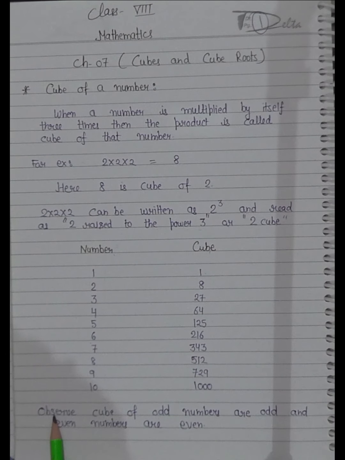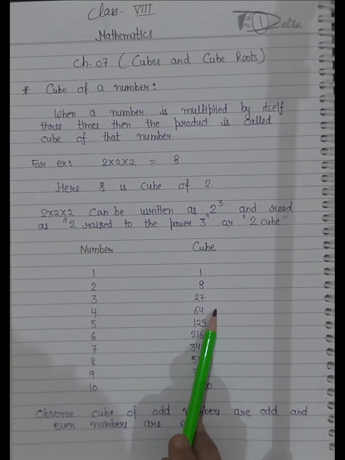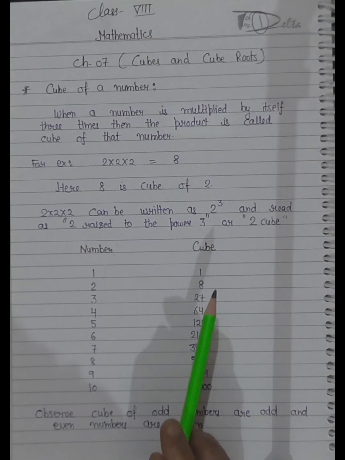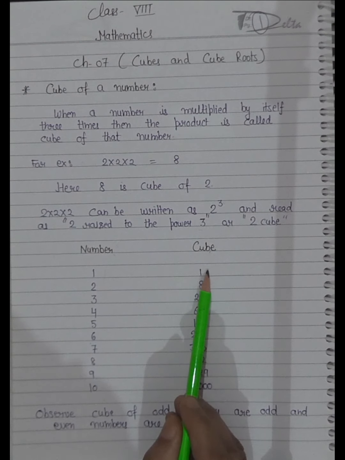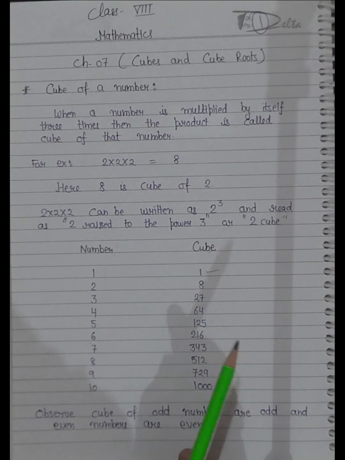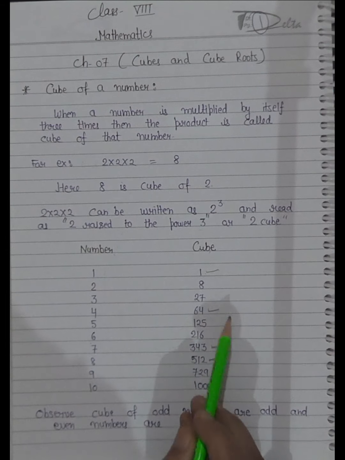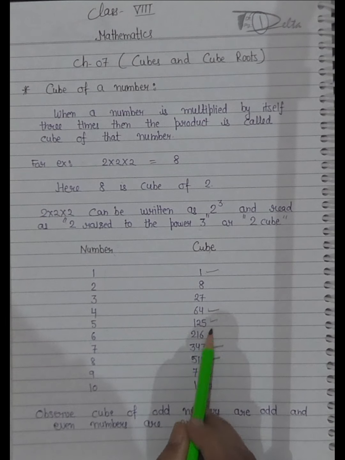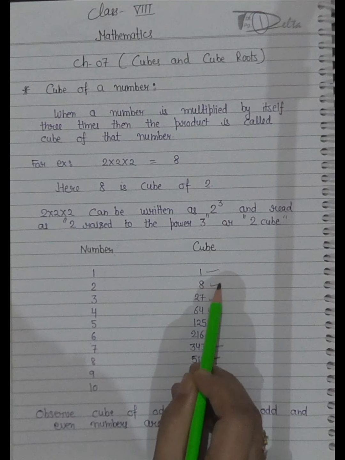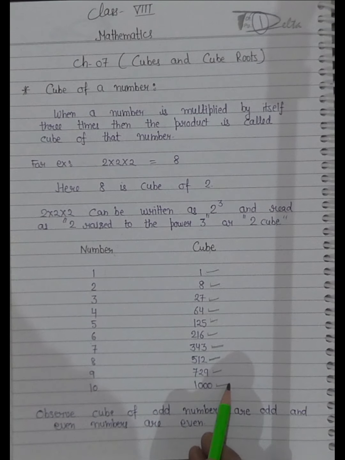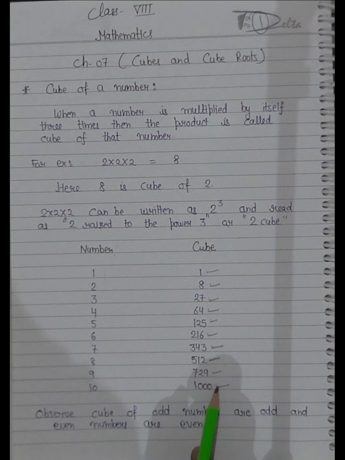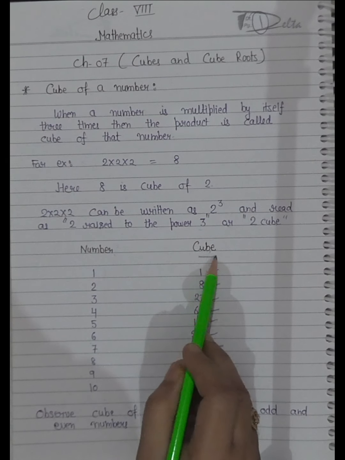Now observe, the last digit of the cube is coming 1, 2, 3, 4, 5, 6, 7, 8, 9 and 0. It means all the digits are coming here, not as in the square and square root.